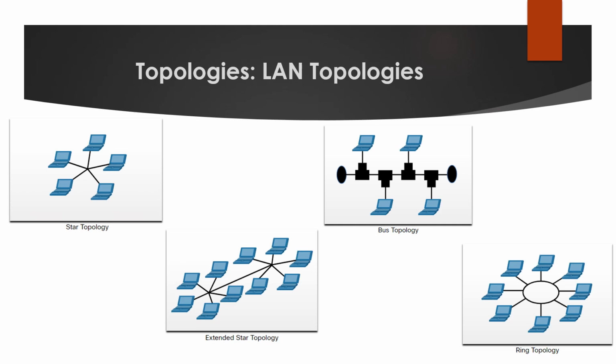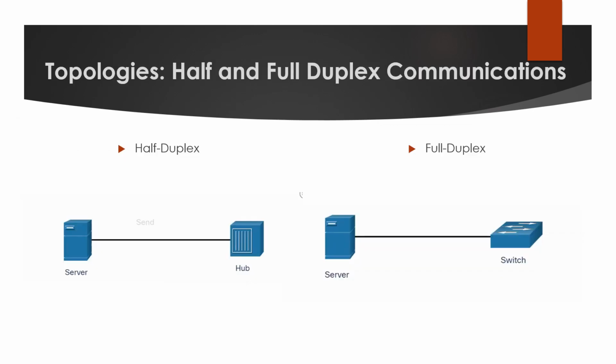So these are the LAN topologies, and we will continue with half and full duplex communication in the next slide. Understanding duplex communication is important when discussing LAN topologies because it refers to the direction of data transmission between two devices. There are two common modes of duplex.